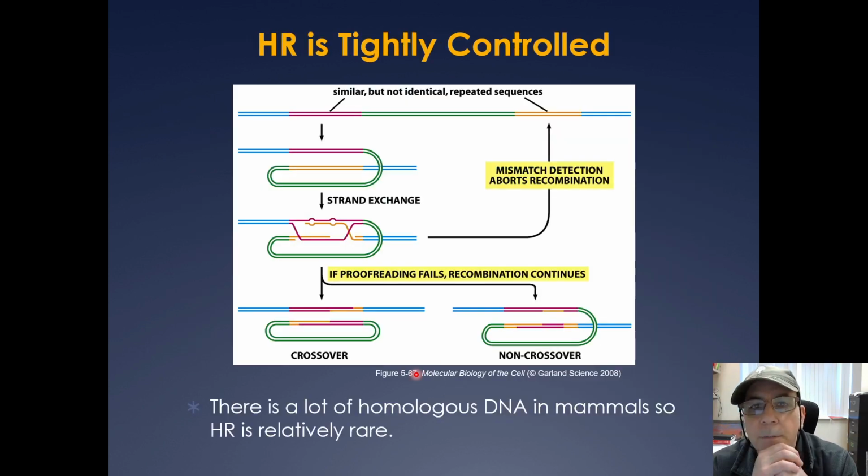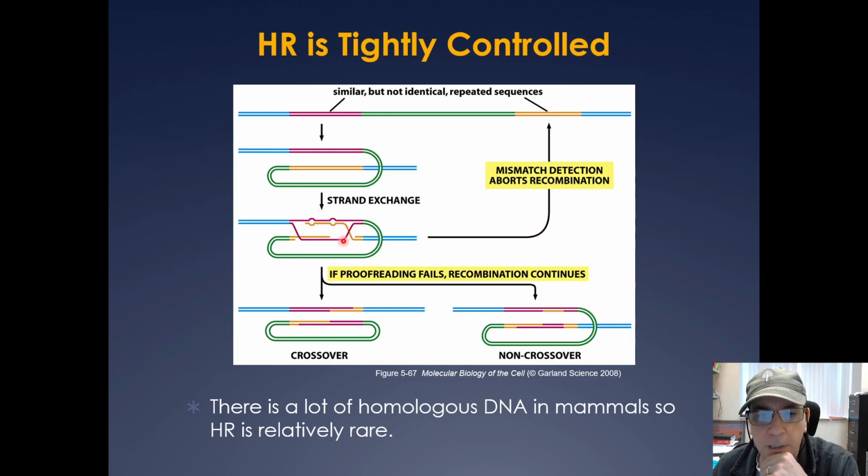So homologous recombination is tightly controlled. And so here's basically an example of that. Here you have similar but not identical repeated sequences. Occasionally you can get strand exchange, and then if they detect these mismatches, everything's aborted and it goes back to normal.